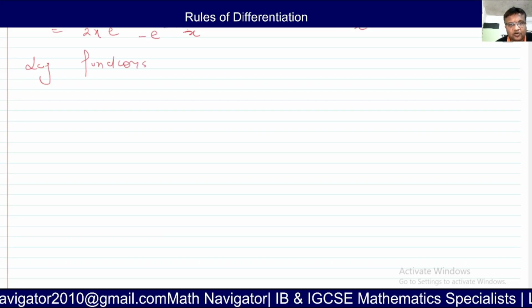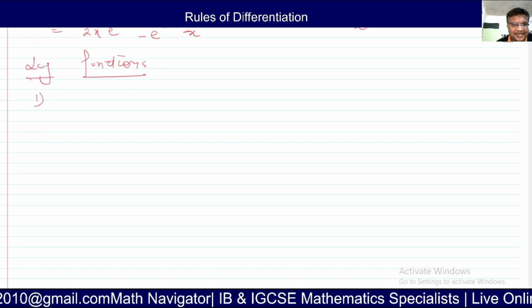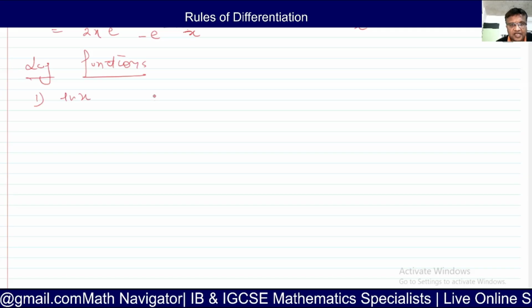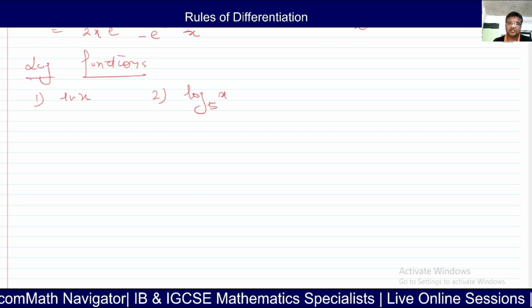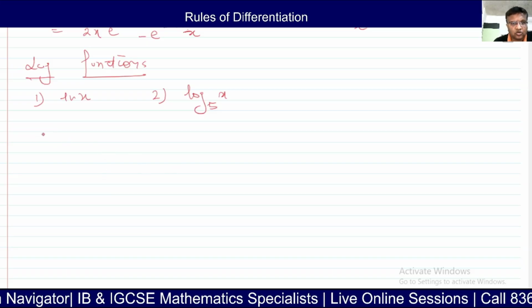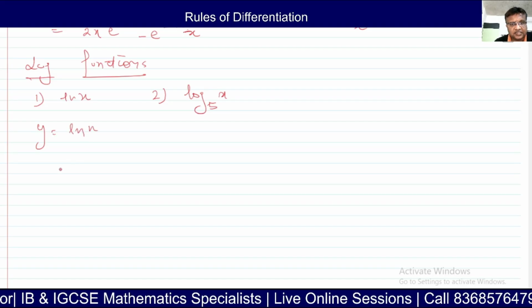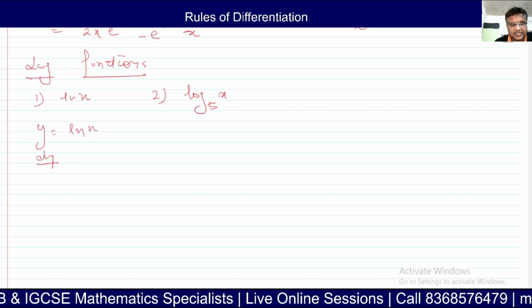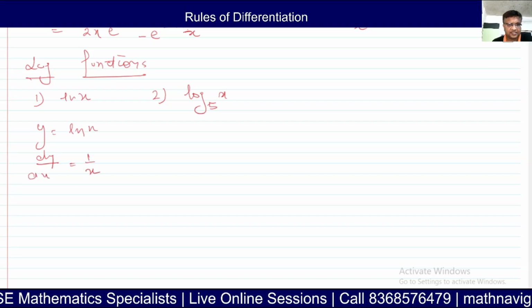When we are talking about log functions, we need to work on two: one is ln x and second is log x to a base. Let's say my base is 5. Again, this is given in the formula booklet. If y is equal to ln x, dy by dx is equal to 1 by x, got it?